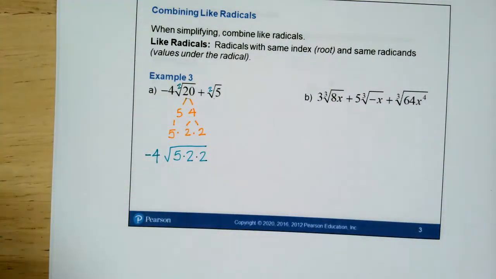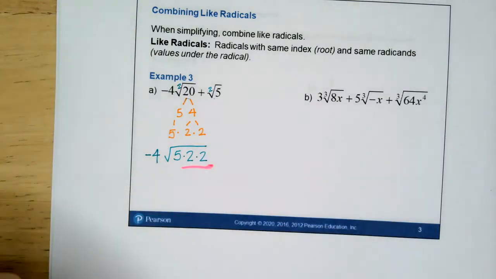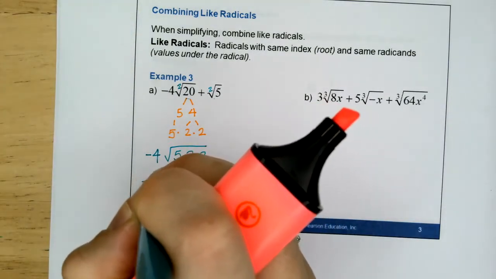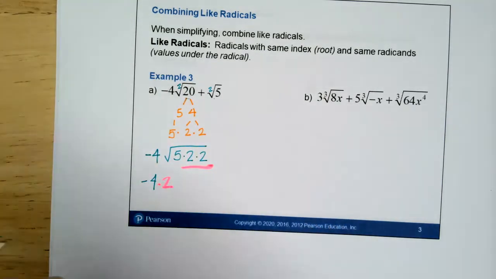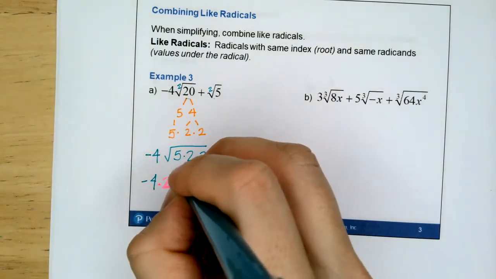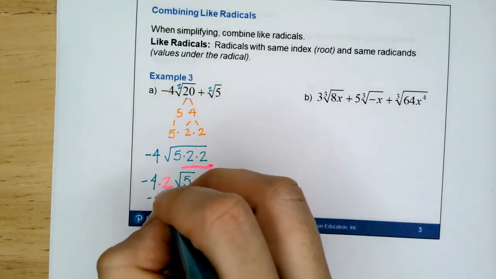The 2's come out. So now I have -4 times 2 times the square root of 5, which becomes -8 square root of 5.